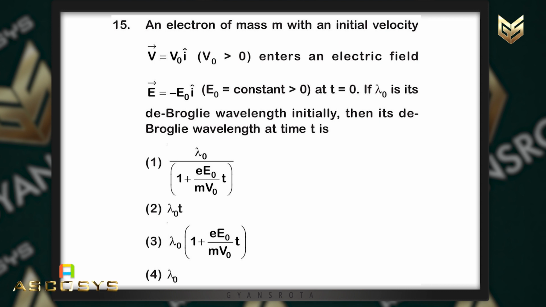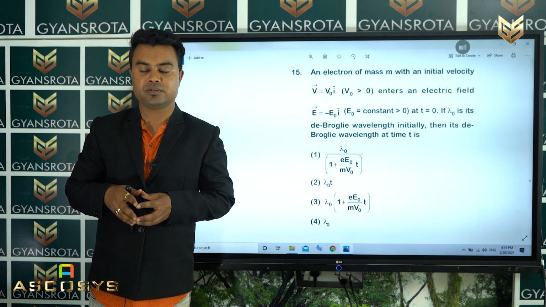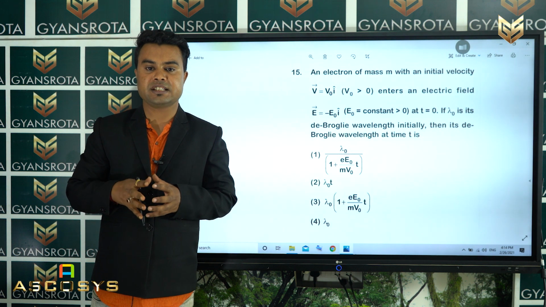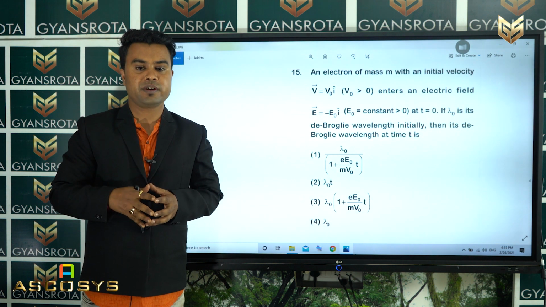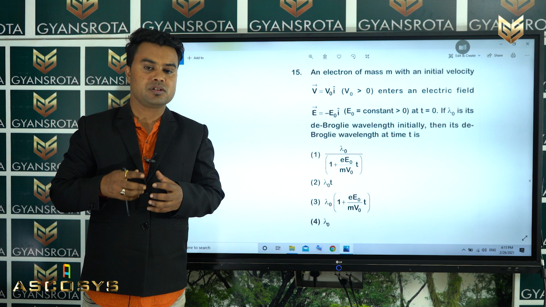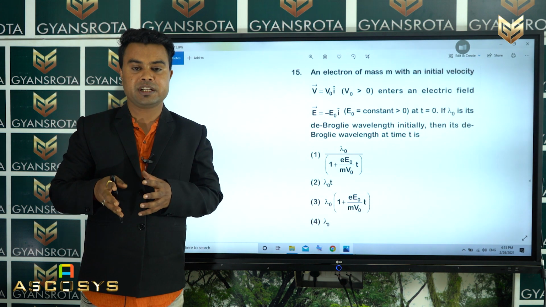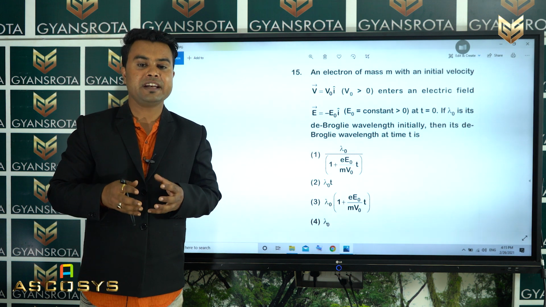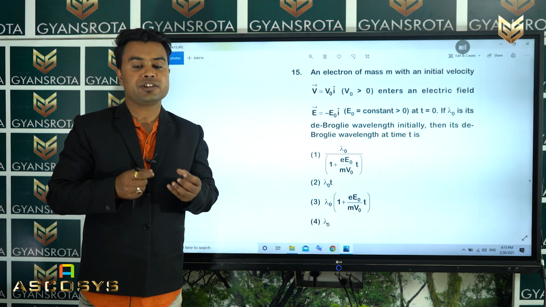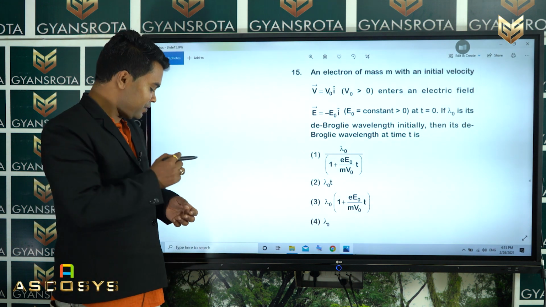If lambda naught is its de Broglie wavelength initially, then its de Broglie wavelength after time t is, you need to find out this value. Okay. So there is a concept of de Broglie's wavelength and electric field. So it is the combination of two chapters, I will say, that is dual nature of radiation and matter and the electric charges and fields of class 12.